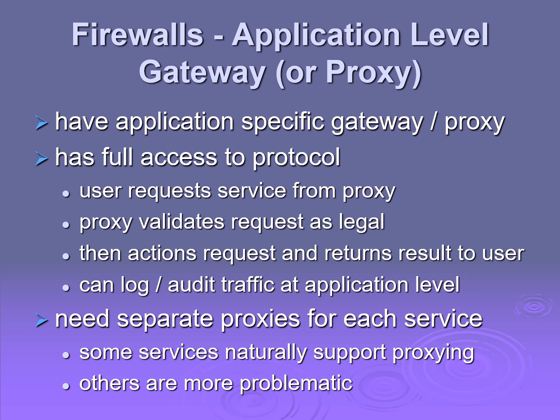Next one is called a firewall's application level gateway. This application level gateway is also called an application proxy. It acts as a relay of application level traffic.